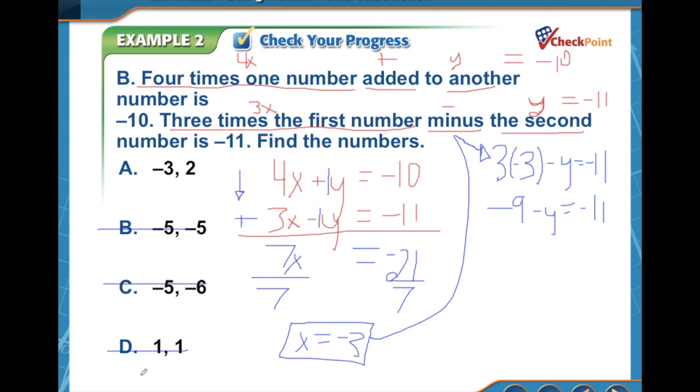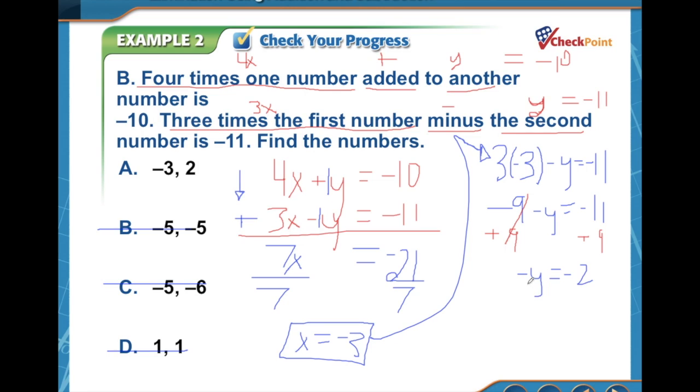If I want to get rid of my negative 9, I should add 9 to both sides because those are the opposite signs. So this will go away. That becomes a 0. Over here, that's going to become a, you should be thinking, negative 2. So negative y equals negative 2.